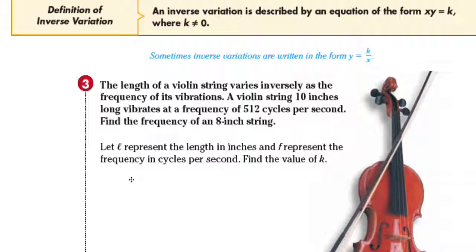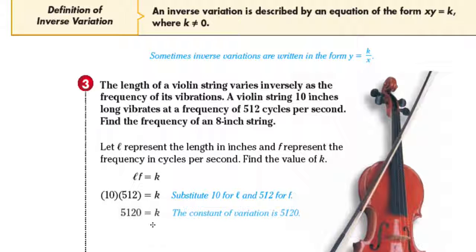So we write down our inverse variation equation, which is LF equals k. Knowing that equation, we substitute the values 10 inches and 512 cycles per second. We find our constant of variation, which is 5,120.